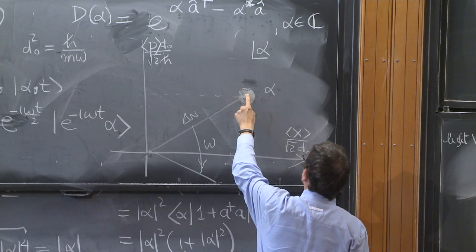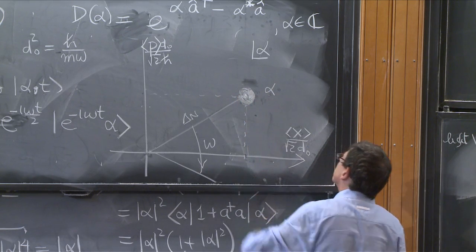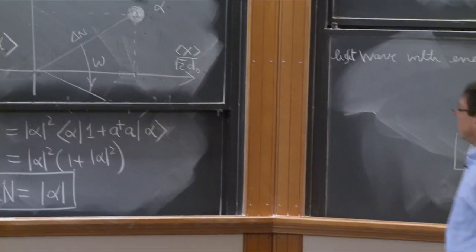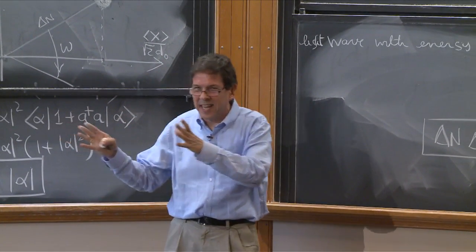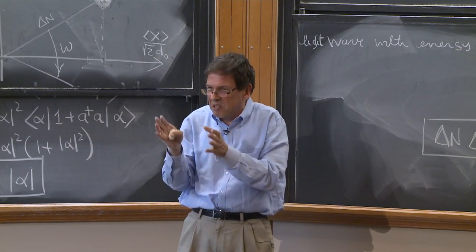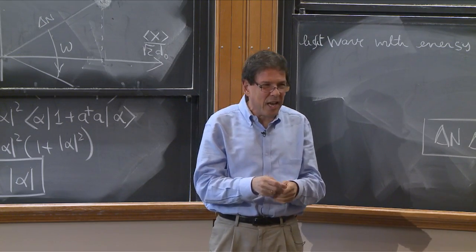Now, I can ask how wide this is. So what is the uncertainty in x in a coherent state? Well, the uncertainty in x in a coherent state is the same as the uncertainty of the ground state because it just moved it. The uncertainty doesn't change.